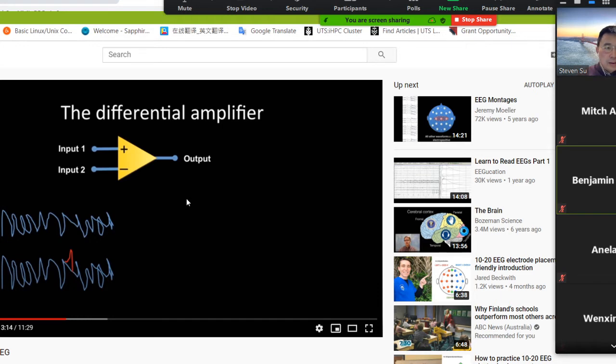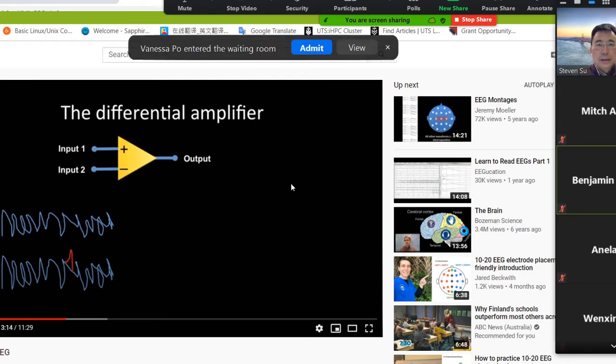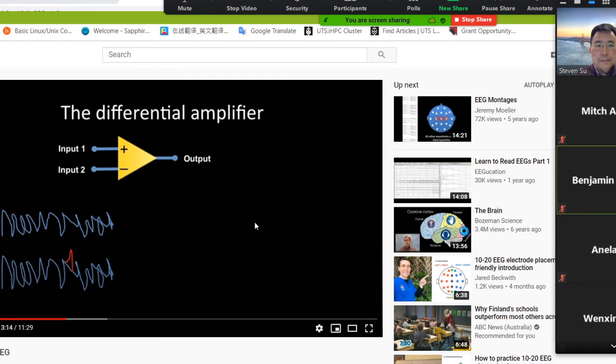So how do we define whether the differential amplifier is good or not? We use the common mode rejection ratio. We can use the differential gain AD, which we want to be big. But for the common mode gain, we want the gain to be 0.